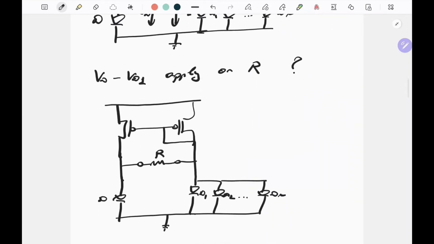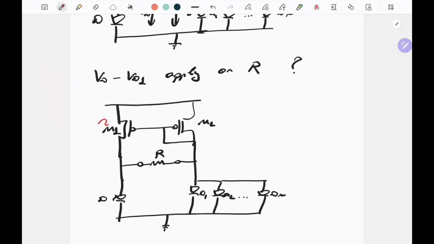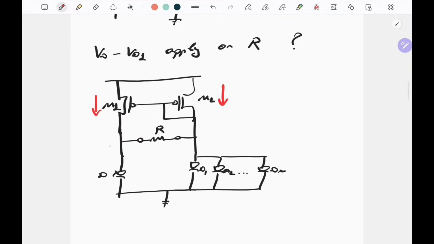The reason is that we have this current mirror here, and we have two currents flowing here equal to each other on the left and the right, and so this current comes here and it branches. Some part of it flows to the diode D, some part of it flows to the resistor R.